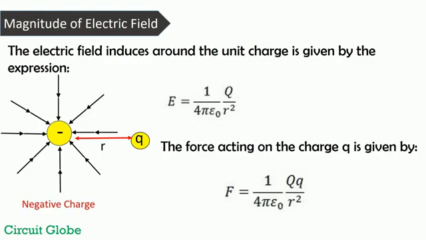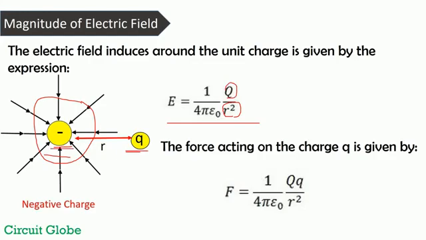Consider that we have a unit charge particle which is placed in the vacuum, okay, and one more charge particle is placed near to that charge, okay. Because of this charge, one electric field induces around the region. The magnitude of that field is calculated by the help of this expression. Here R represents the distance between the two charges, and Q shows the magnitude of charge present in the unit charge.